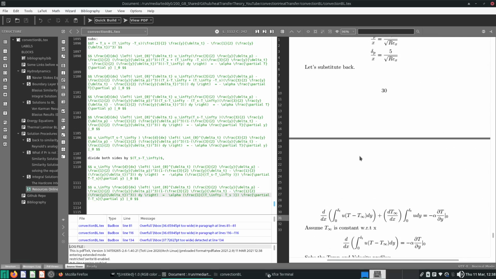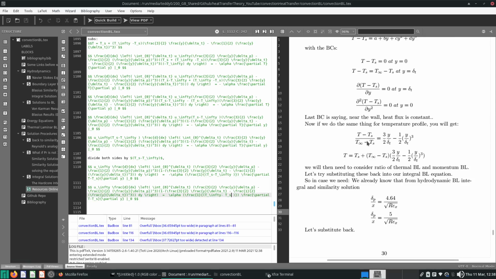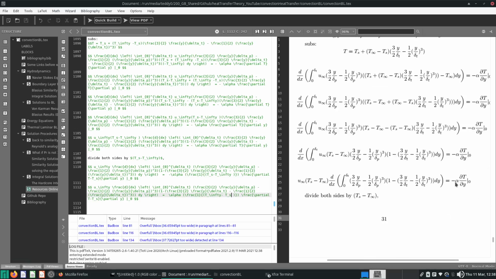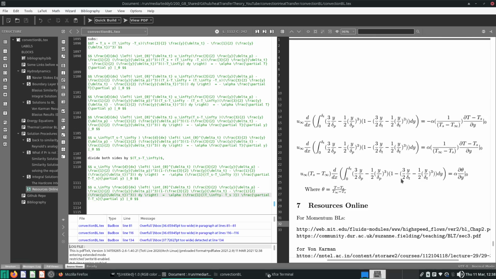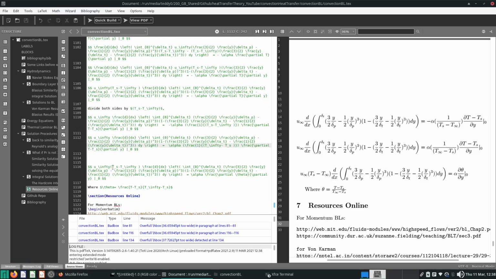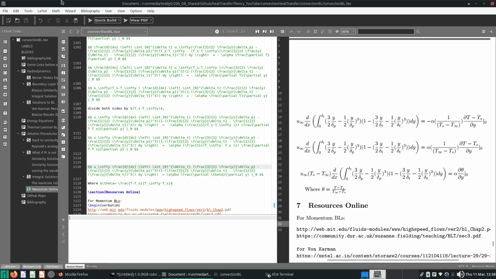This is the dimensionless temperature profile. This is theta. Not too bad. At least this is tidied up, and I have to remove the Ts minus T infinity all the way at the bottom. Okay, now we are good.